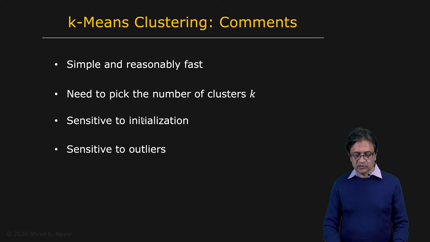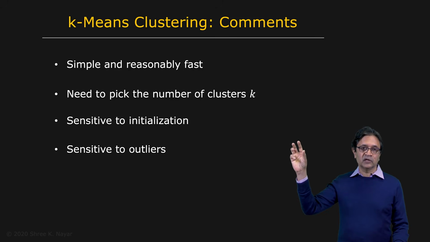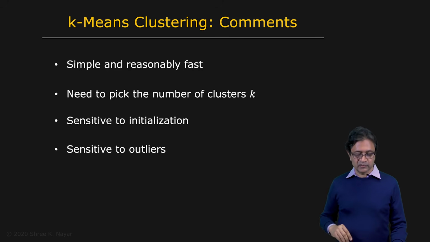So the initialization process is tricky here, and one needs to give some thought to this. It can also be somewhat sensitive to outliers. That is, if you end up having a small group of outliers and an initial mean was picked close to them, that might end up defining a cluster which is not really a substantial cluster. But it still is a popular and widely used method, k-means clustering.